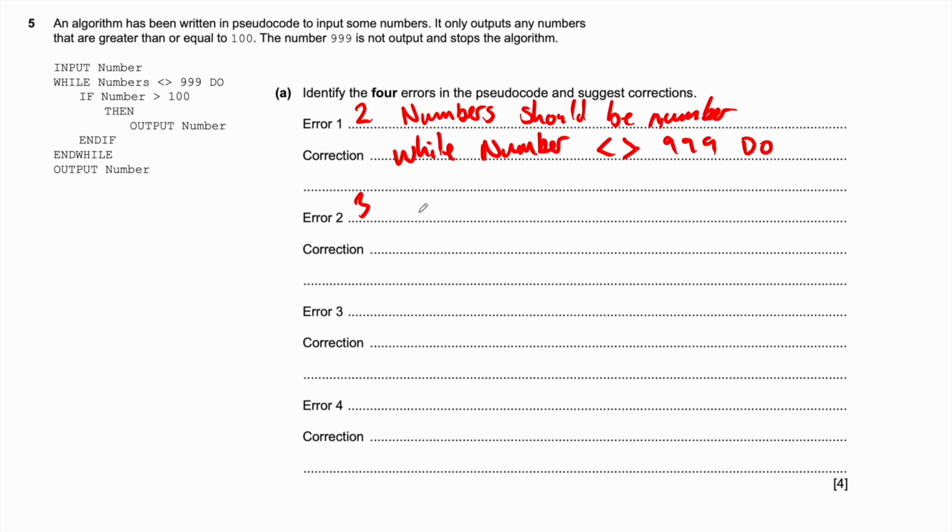And I would say something like number greater than 100 should be, and then I'm actually going to run this into my corrections, number greater than or equal to 100. I think I actually said less than a second ago. I do know which way around it goes, I promise. We do a correction. I would always recommend doing the whole line. So if number is greater than or equal to 100. And that would be my second one.